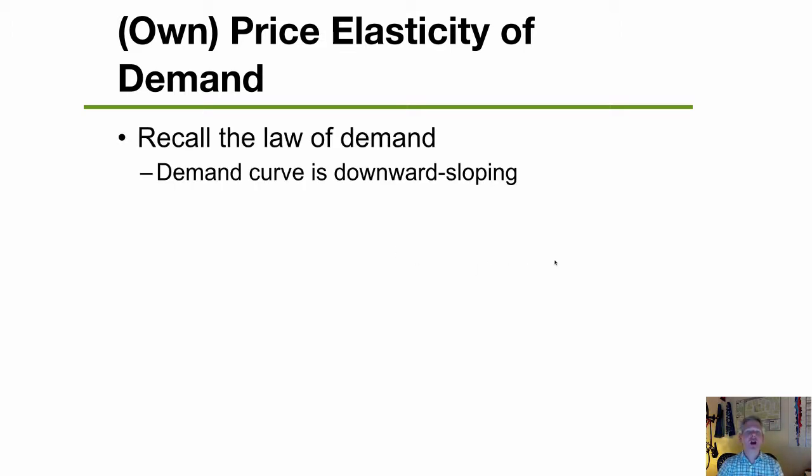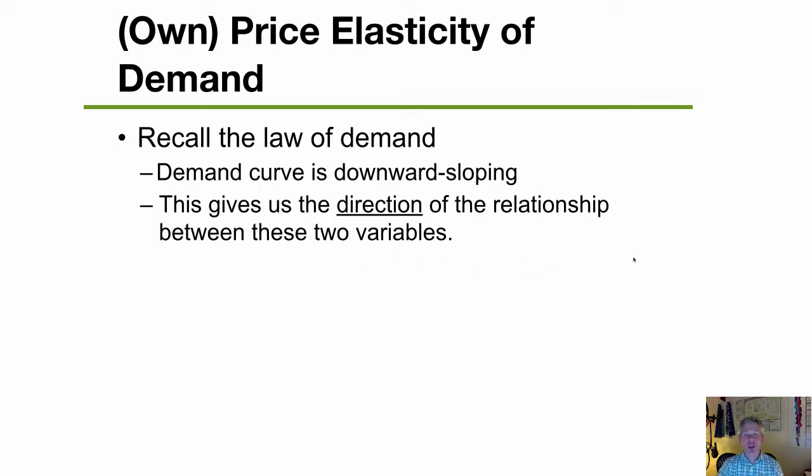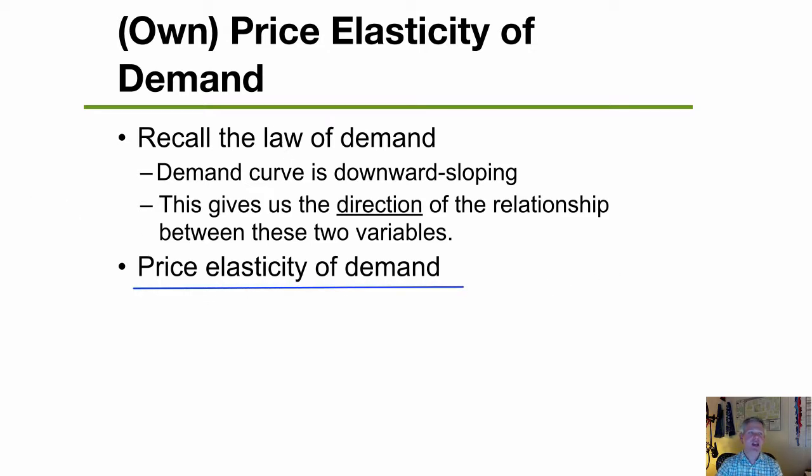So recall that the law of demand, the demand curve is downward sloping. That gives us the direction of the relationship between price and quantity demanded. The price elasticity of demand, and again, here I'm talking about the own price elasticity of demand. I'm talking about when the price of good X changes.